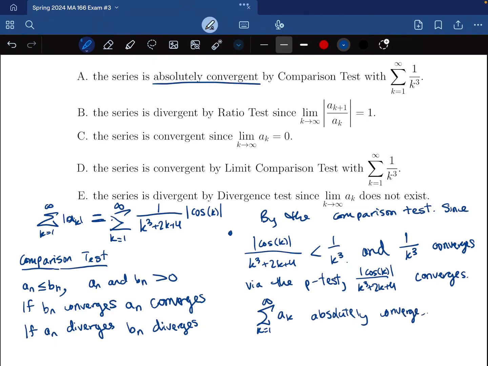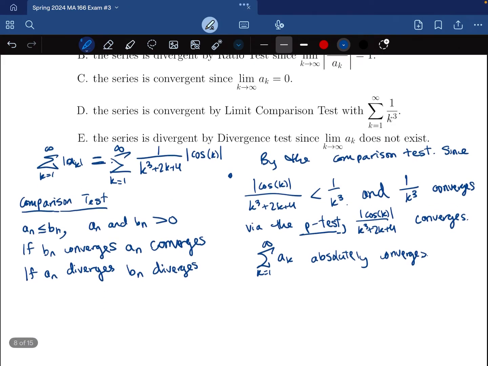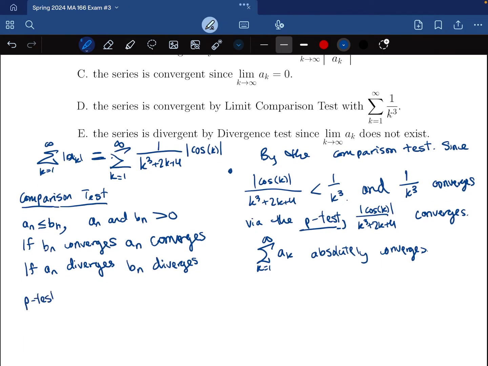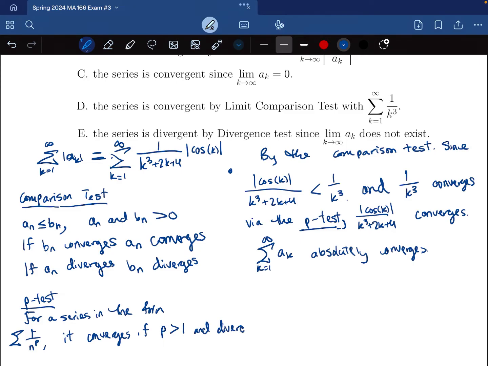I didn't explain it, but the p-test states, so I'll write it down here, that a series in the form 1 over n to the power of p converges if p is greater than 1 and diverges if p is less than or equal to 1.